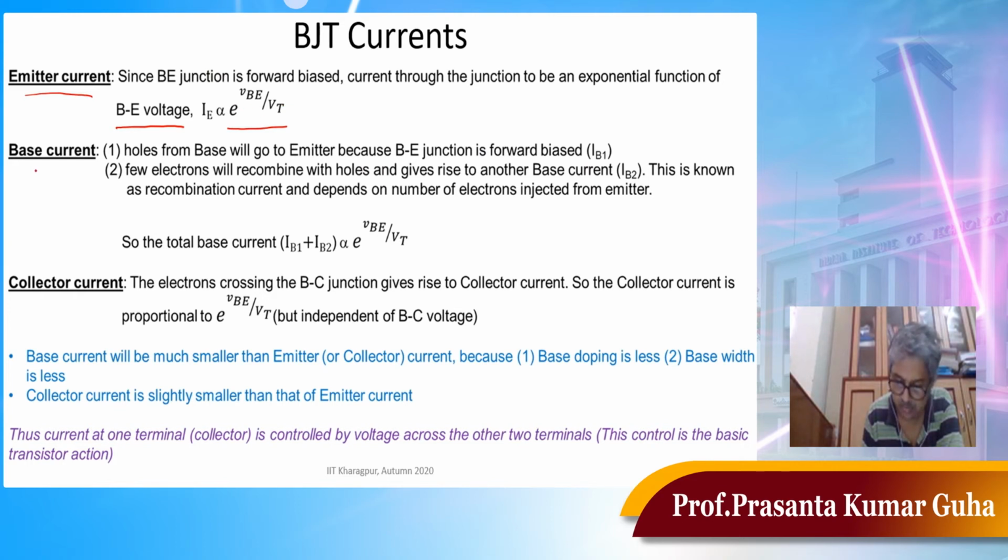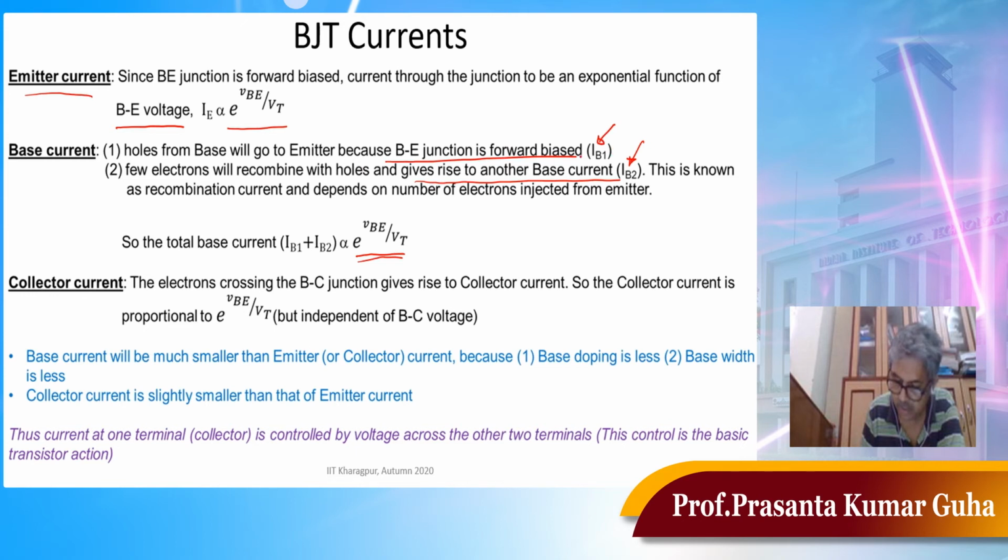What about the base current? We mentioned there are two components of base current. One is IB1, because carriers may be able to cross the junction since the base emitter junction is forward biased, and another is IB2, because there is a little bit of recombination at the base between the two types of carriers, electrons and holes. Both of these components are proportional to exponential VBE over VT. Why?